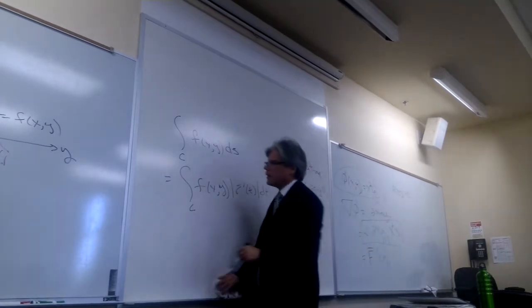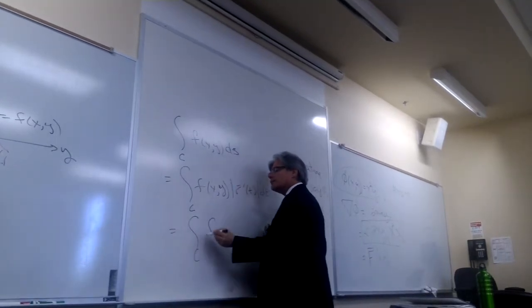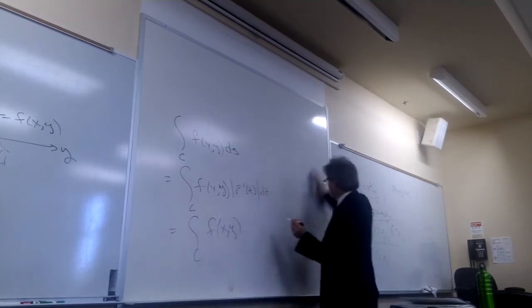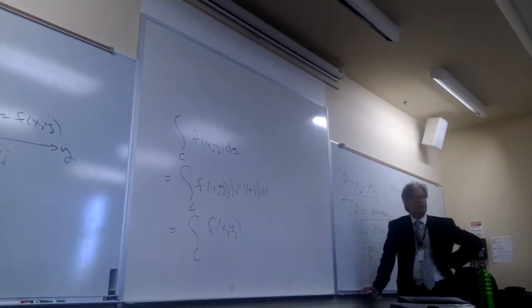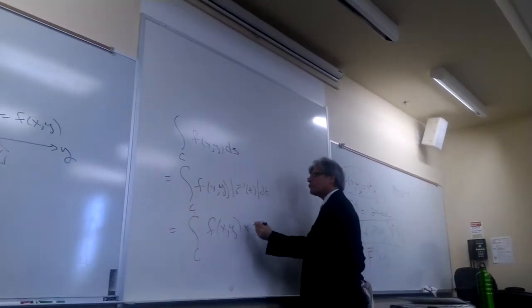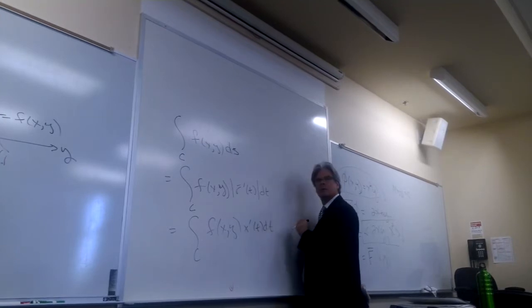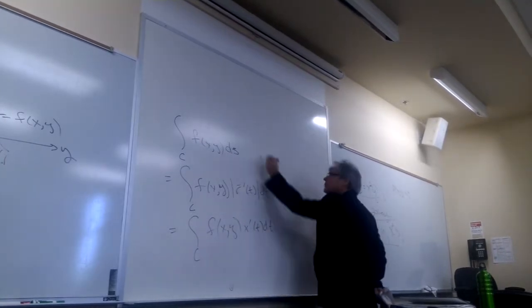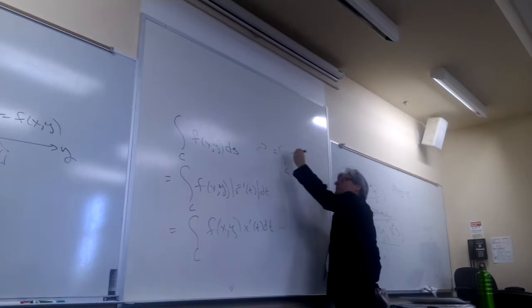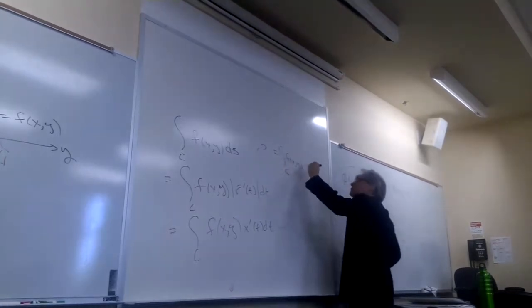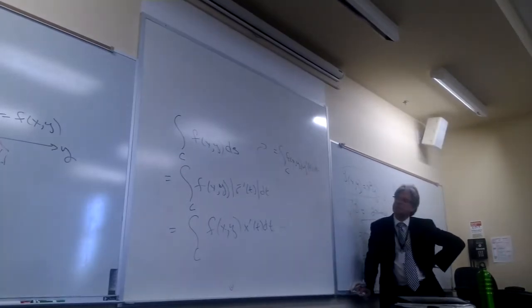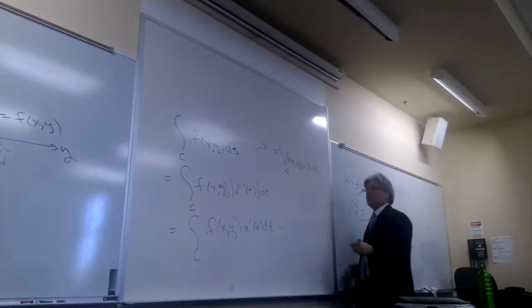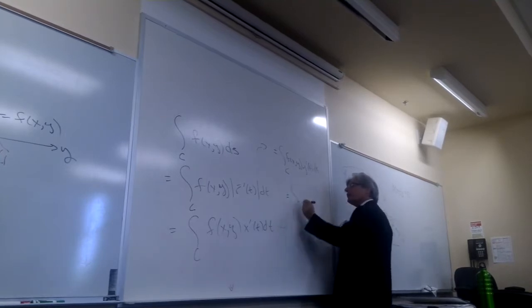But I think I can also take this line integral and parameterize in terms of x. And if I do, I've got an x prime of t dt. Or maybe I can do it in terms of y. I also think I can interpret this as nothing more than a line integral of some function f evaluated at x comma y.